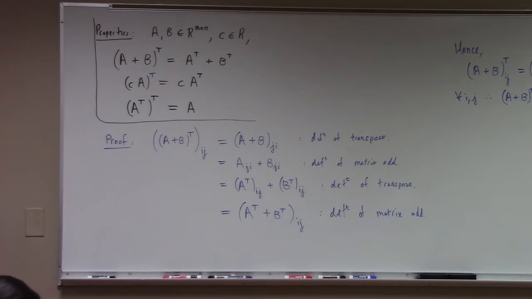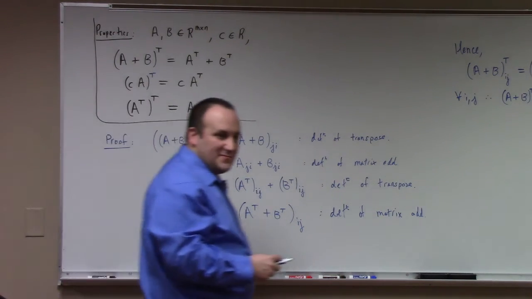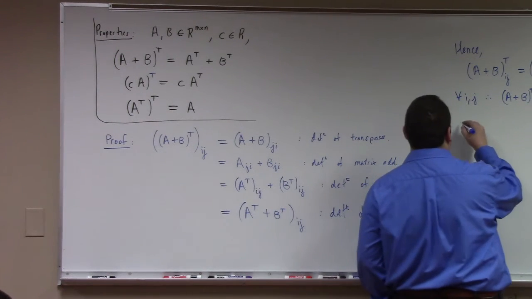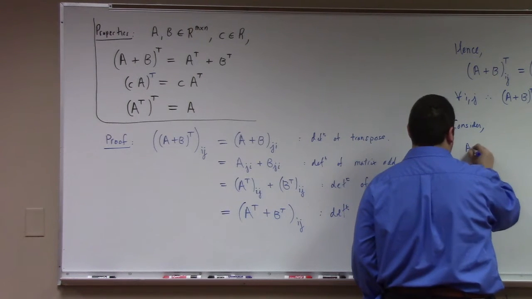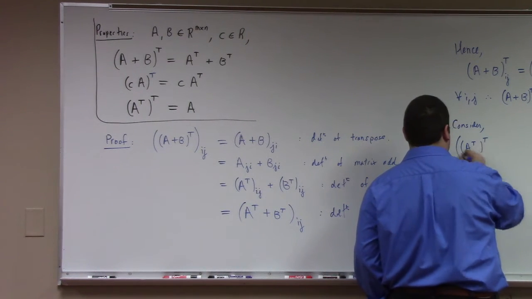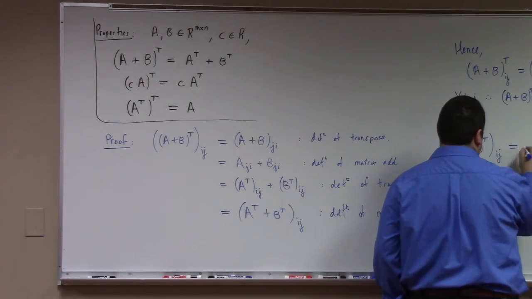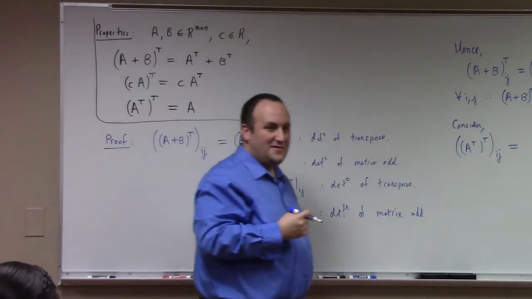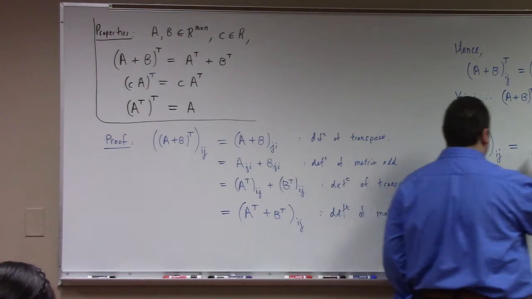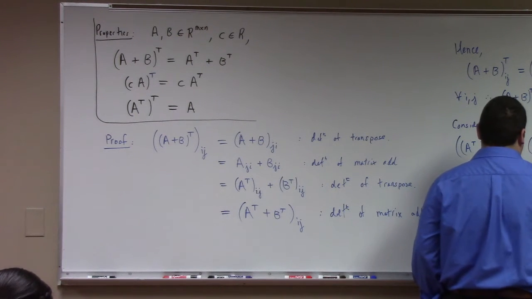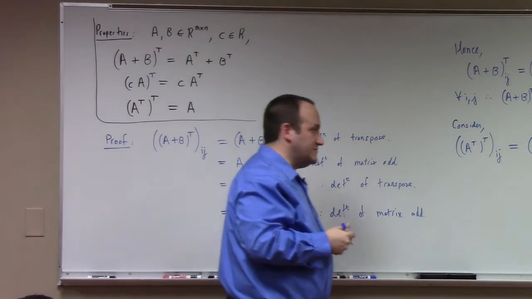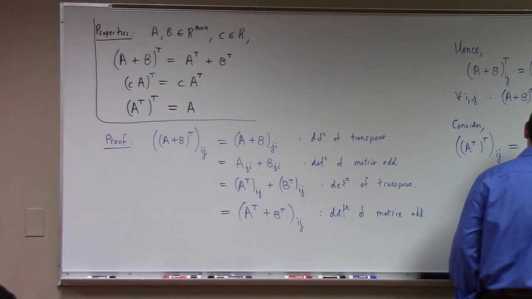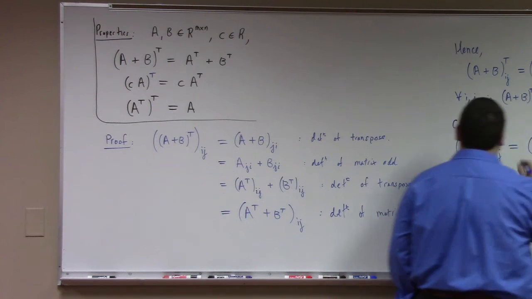How would we prove the third item? It's almost silly, right? I mean, how do you prove A transpose transpose is A again? If we consider (A transpose transpose) ij, that's what? Yeah, A transpose, put parentheses around it, ji, which is equal to Aij, right?